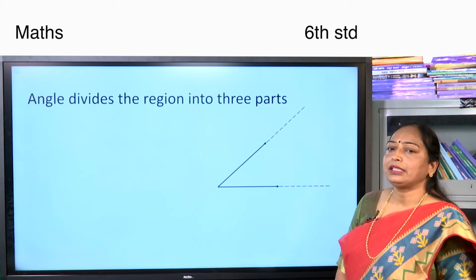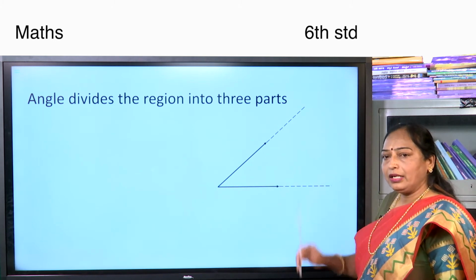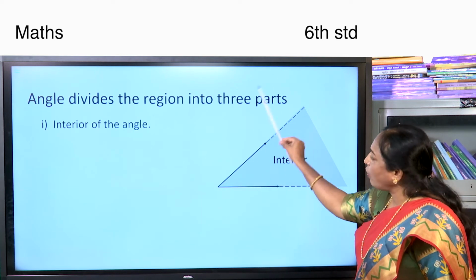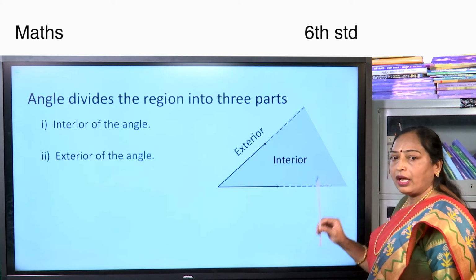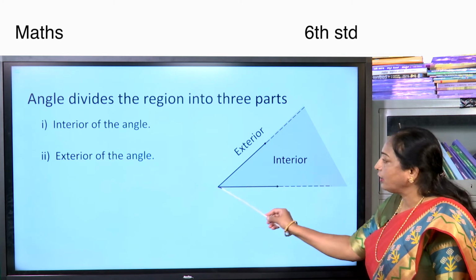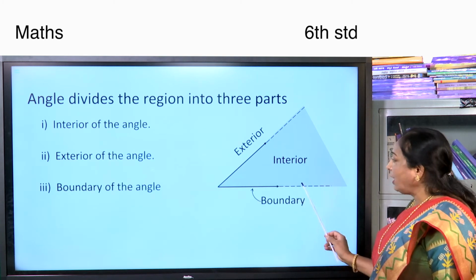An angle divides the region into three parts. Let's take one angle. The inside is the interior of the angle, the outside is called the exterior of the angle. Next, the outline is called the boundary of the angle.